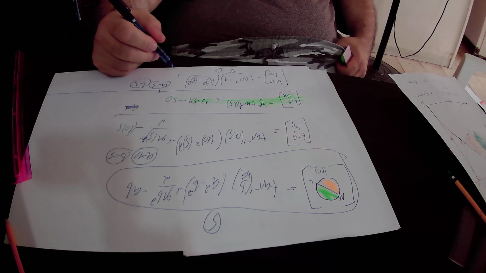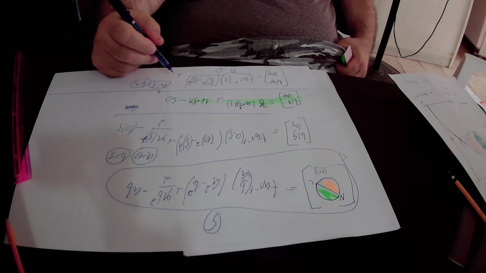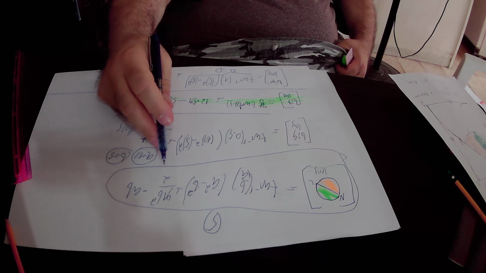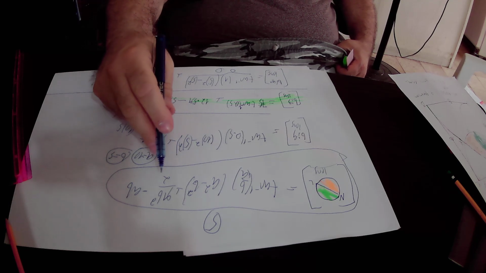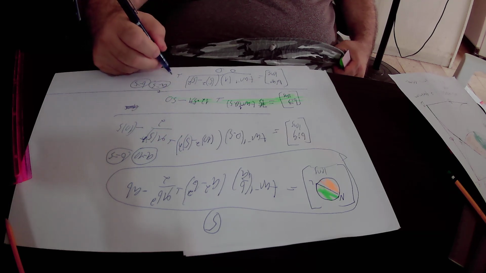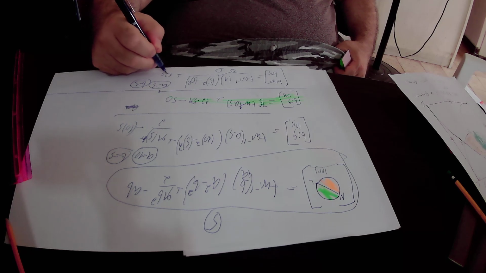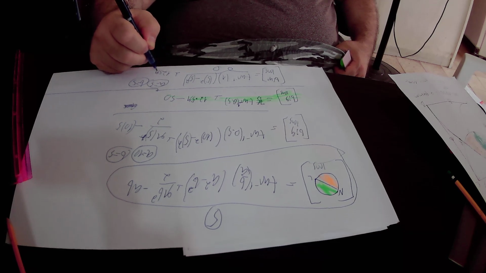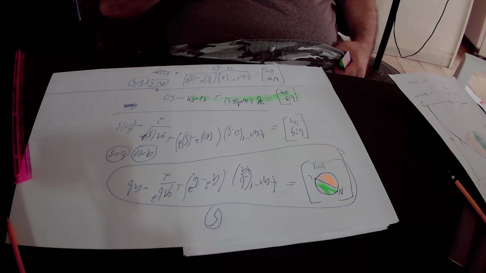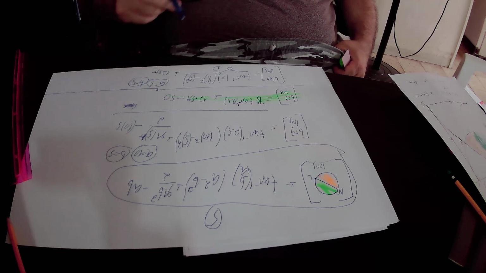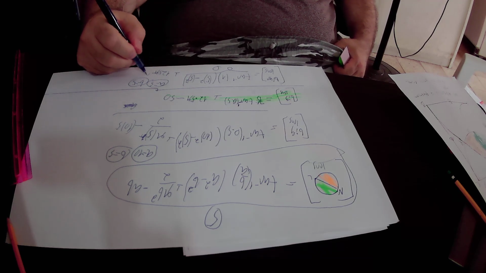B is 5, so B square is 25. And 25 over 2 is 12.5. In conclusion, this expression pi B square over 2 equals 12.5 pi, minus AB. A is 5, B is 5, so A times B is 5 times 5, that is 25.